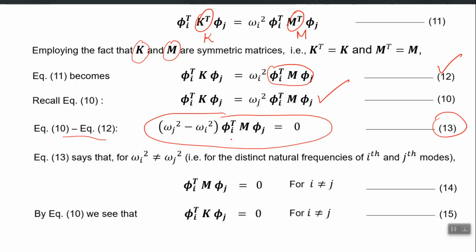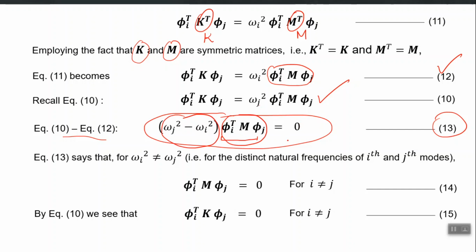These are the three possibilities, right? So you have some constant number, omega j square minus omega i square, times this product of two vectors and a matrix equal to 0, right? Which means that either this product is 0 or this quantity is 0, right?